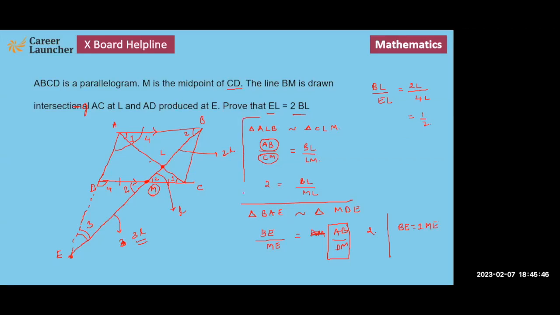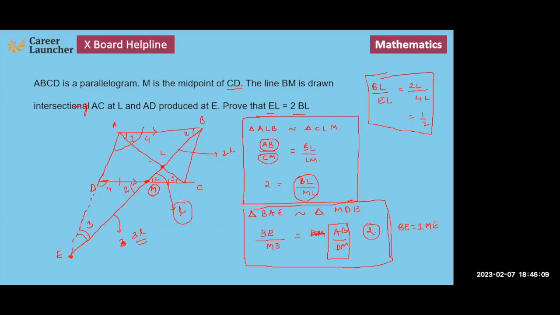Okay, so we did this in 2 broad steps. We proved that these 2 are similar triangles, and then the scale factor happens to be in one case 2, in the other case also it is equal to 2, and then I assume the values of ML to be small l, which means BL will be 2L, and then EM will be equal to 3L. और हमें क्या चाहिए?